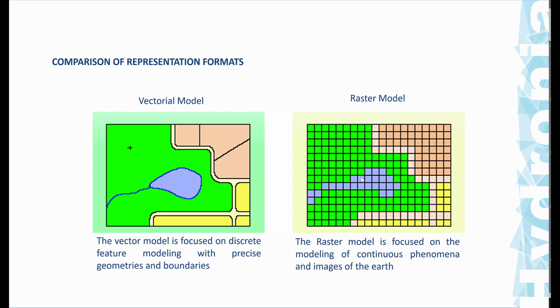While with the raster model, in order to increase the accuracy, you will need to decrease the size of the cells very much in order to capture this type of situation. However, if you want to capture a terrain and the variability of the terrain, the raster model will be much better suited to that end than the vector model. So you have advantages and disadvantages of each type of representation.